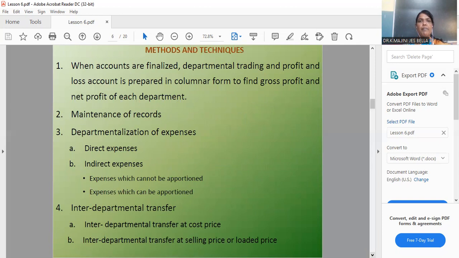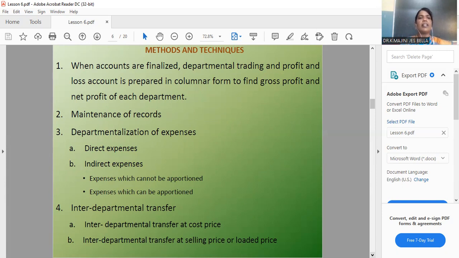Now we can see the methods and the techniques. When accounts are finalized, the departmental trading and profit and loss account is prepared in columnar form to find the gross profit and the net profit of each department. The next point is maintenance of records. Departmentalization of expenses is another important point. Here the expenses are related to direct expenses and indirect expenses.